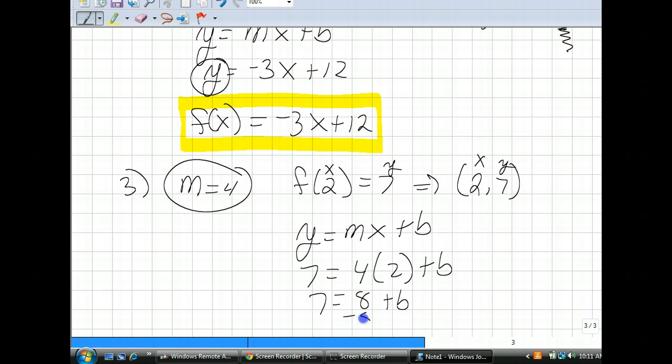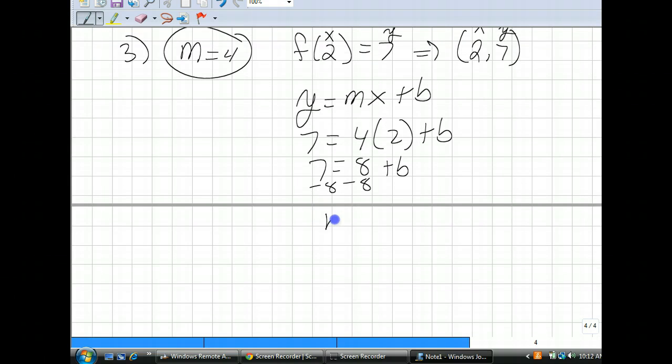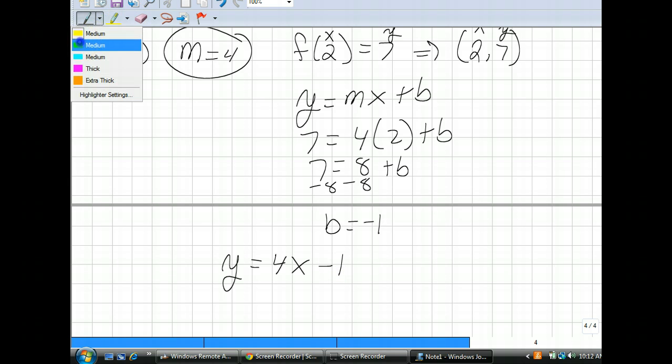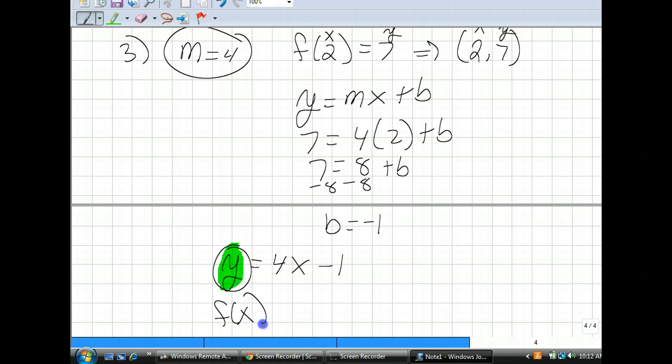Subtract 8. And so what we get is b equals negative 1. So the graphing form would be y equals 4x minus 1. Now the last step to write it in function form, we replace the y value with f of x.